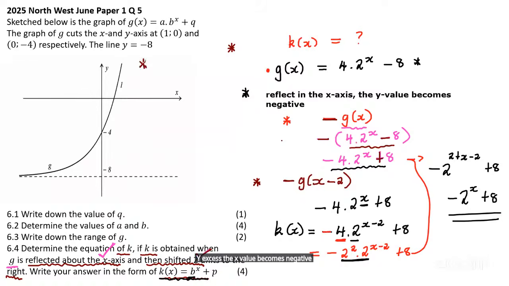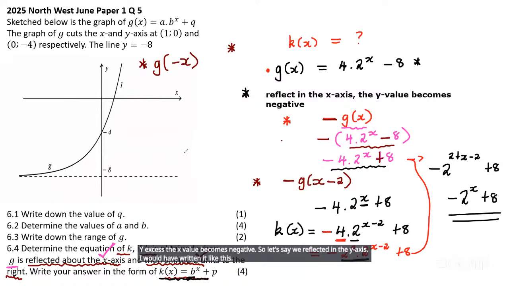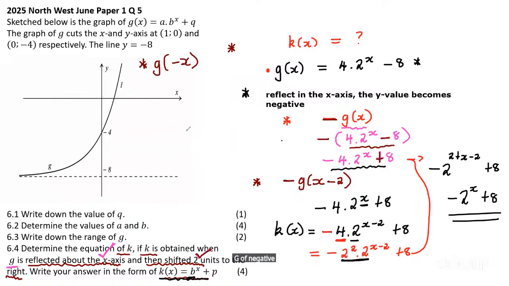So let's say we reflected in the y-axis, I would have written it like this: g of negative x, the x value becomes negative. But here, because I'm reflecting in the x-axis, it is the y value that eventually becomes negative.